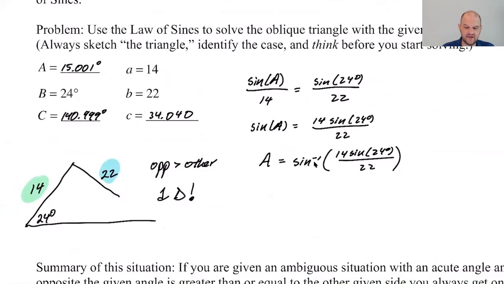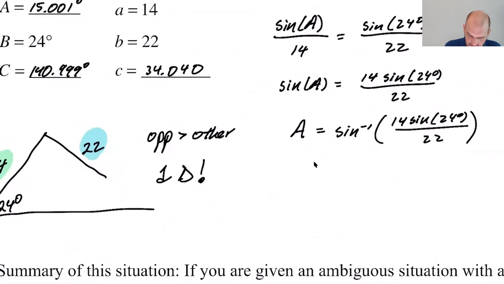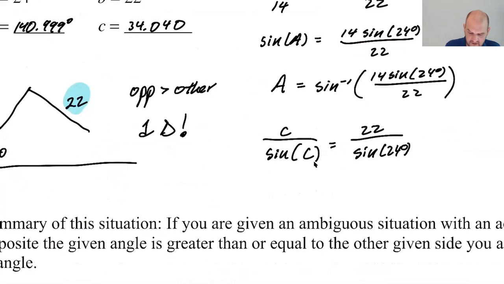So I've already handwritten in all of my answers, but now I need to set this up. So I'm actually just going to write C over the sine of C equals 22 over the sine of 24. This is enough work, and then you just grab a calculator.